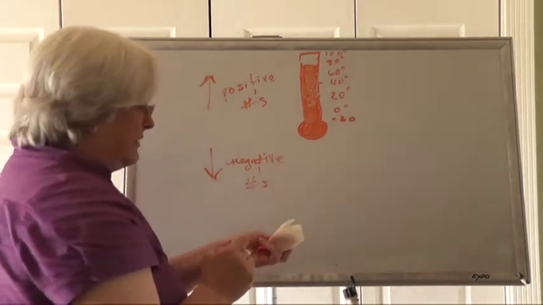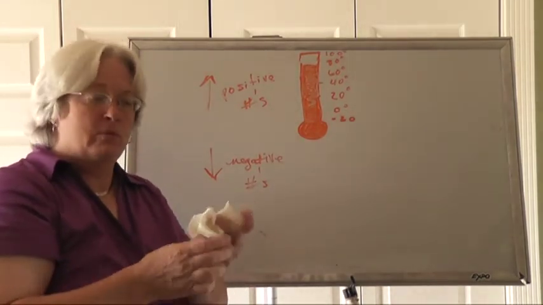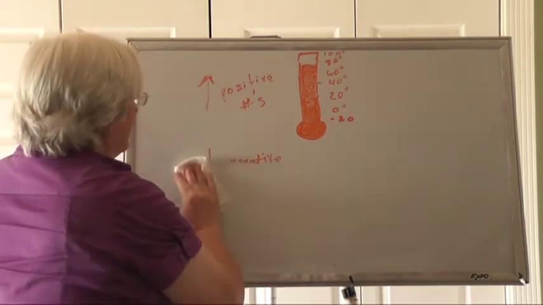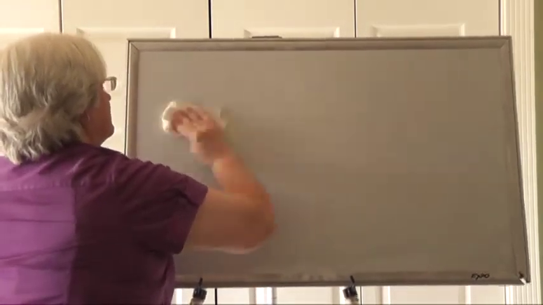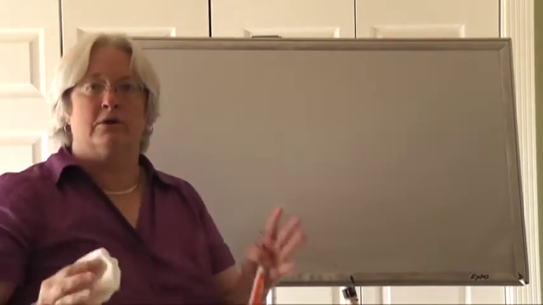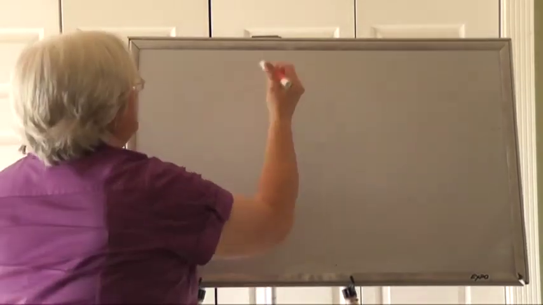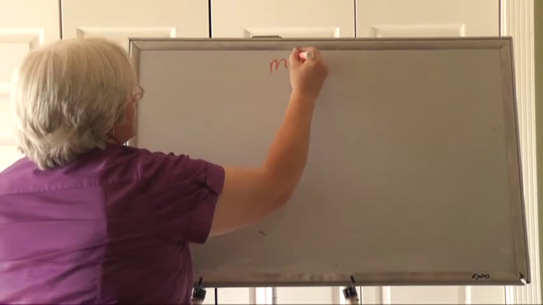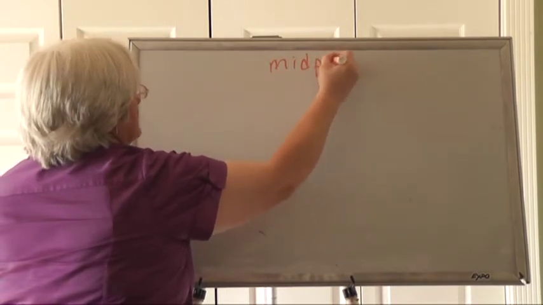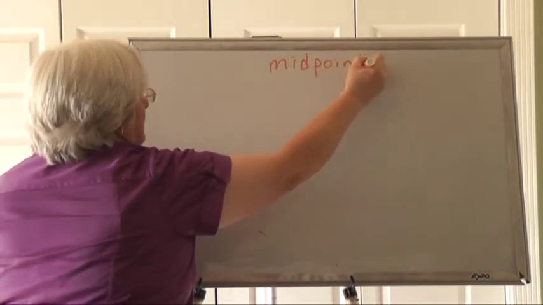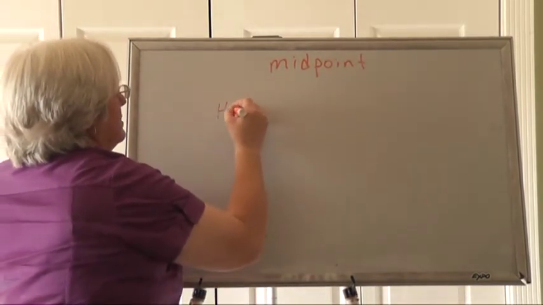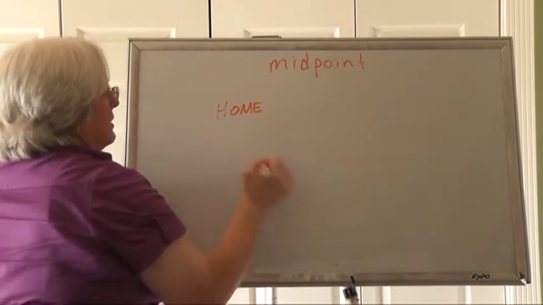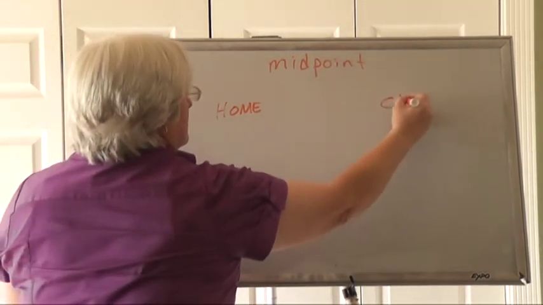Now there's one more thing that I want to talk about, and that would be finding the midpoint of a line. Now, if you hear the term midpoint, what do you think? Let's just see, what could midpoint possibly be? Let's say that over here is home, and over here is church.